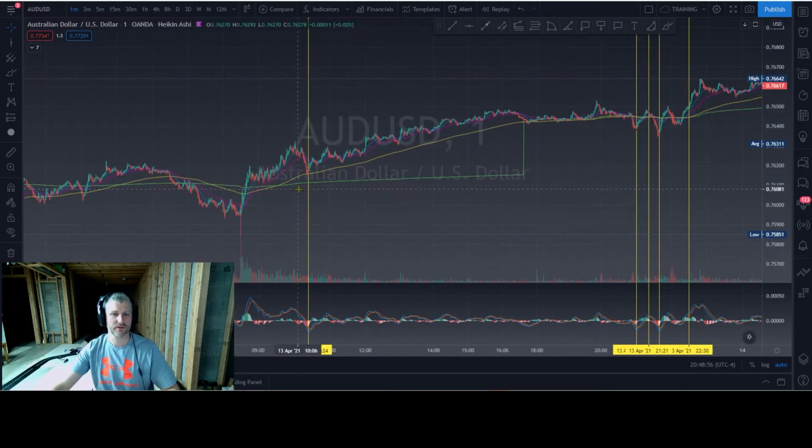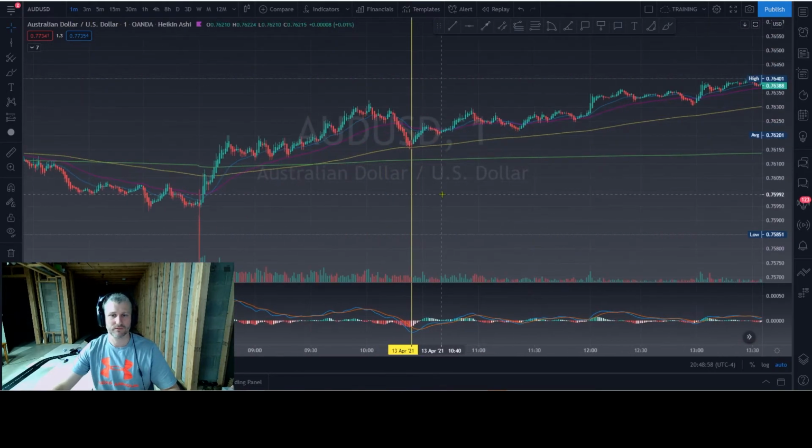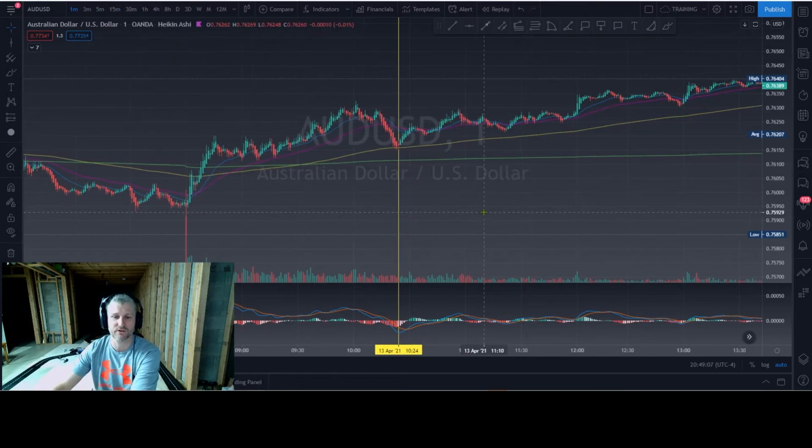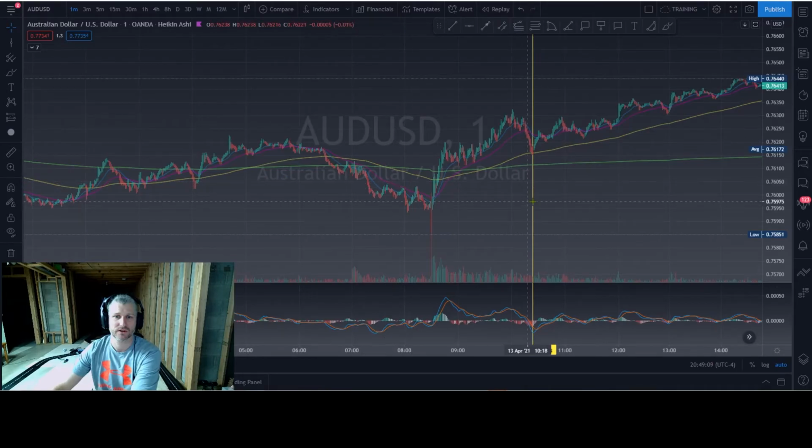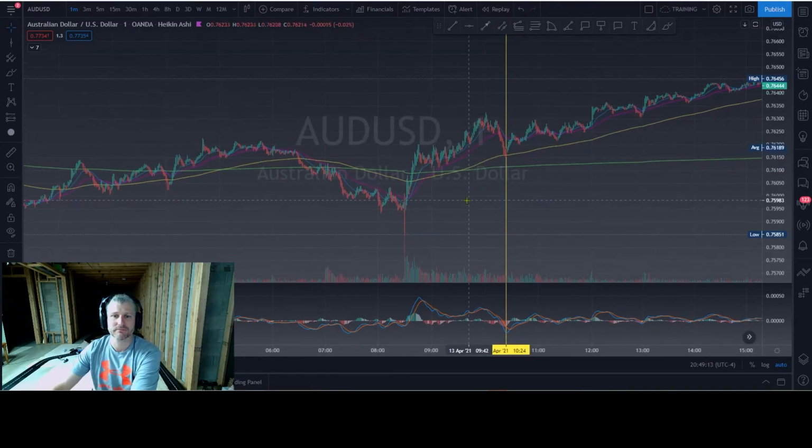And then the 1 minute is also giving it. So the only time frame that was kind of out of sync was the 5 minute. So the 1, the 3, and the 15 all gave the same buy signal. Don't worry about that, we would have missed that. But there's other ways to track this kind of thing as well.